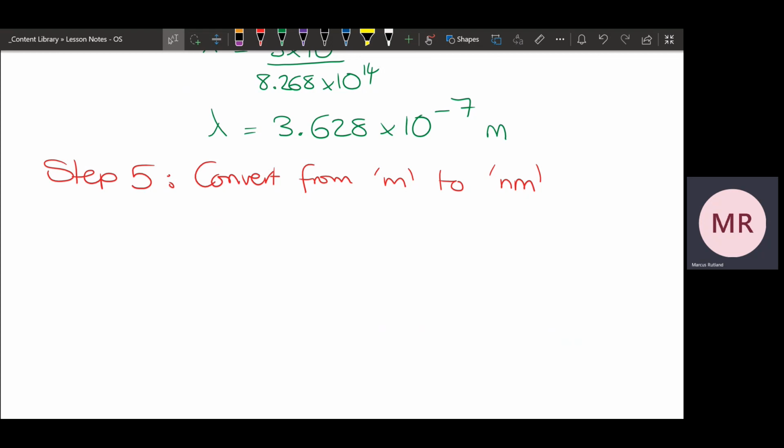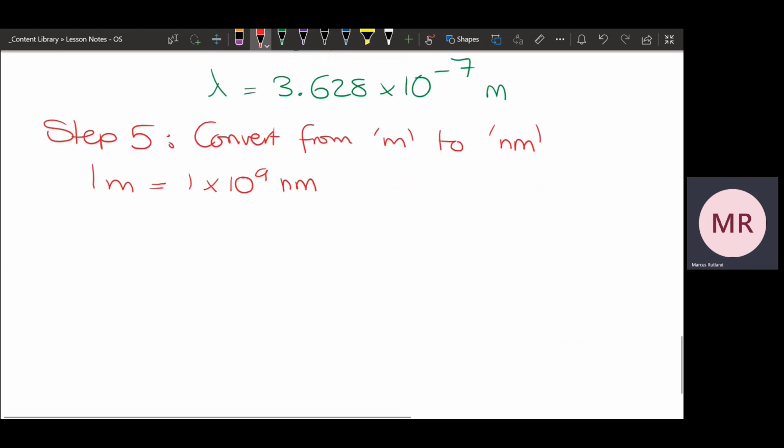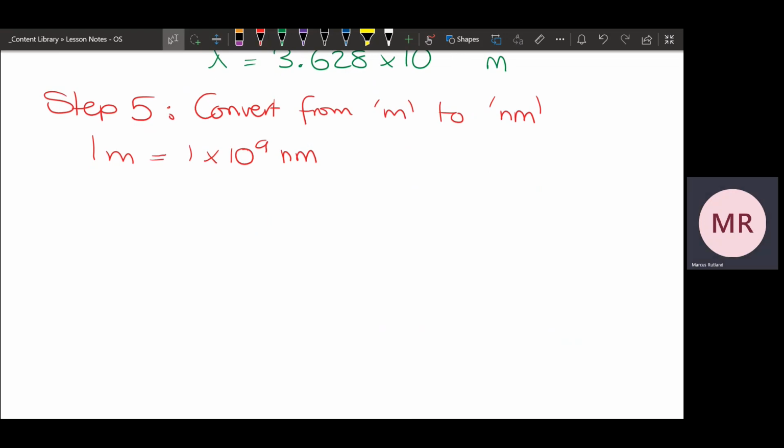So here's the thing. 1 meter is 1 times 10 to the 9 nanometers, i.e. it's a billion nanometers in a meter. Yeah, 1,000 million, 10 to the 9. That's right. So complicated, right? But there we go. Unfortunately, that's something that you are going to have to remember.